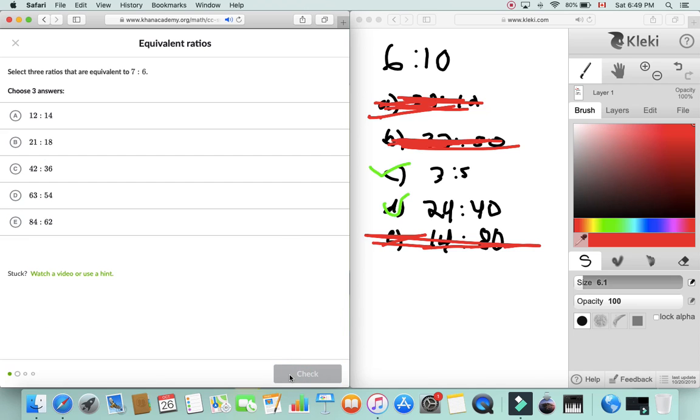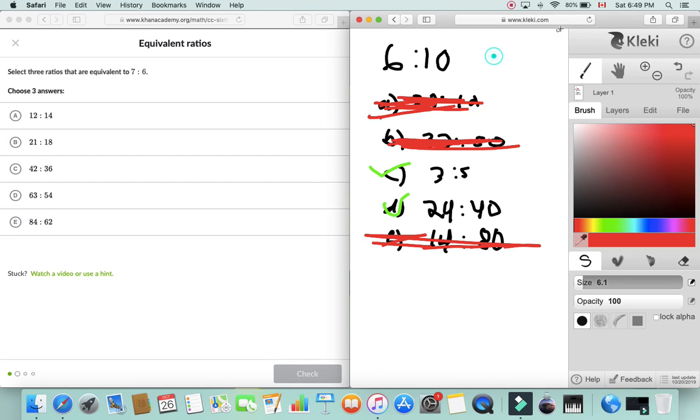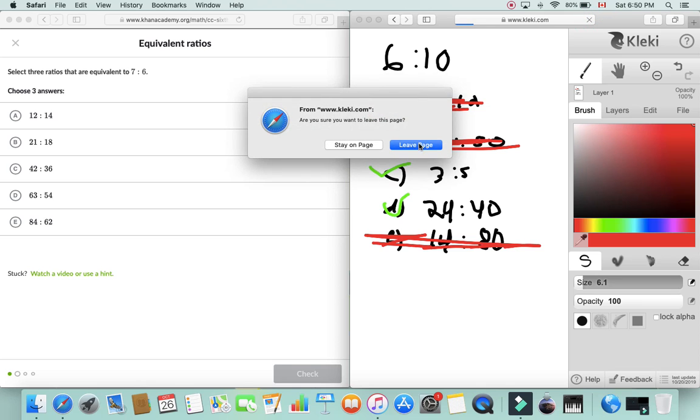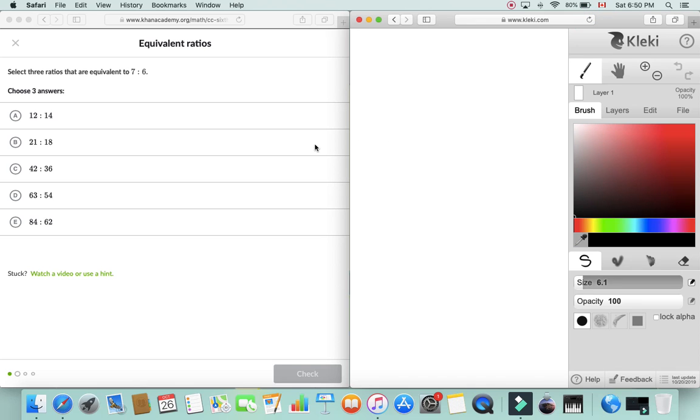Yes, let's go. Select 3 ratios equivalent to 7 and 6. So there are 3. Okay, so A, I'm trying my best here.